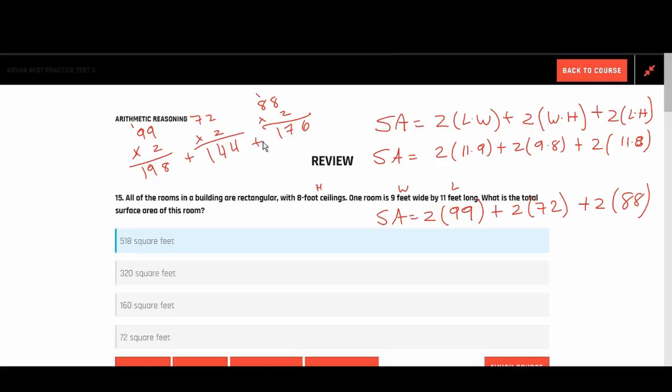As I said, we have to now add all these together. So this is going to be 198 plus 144 plus 176.